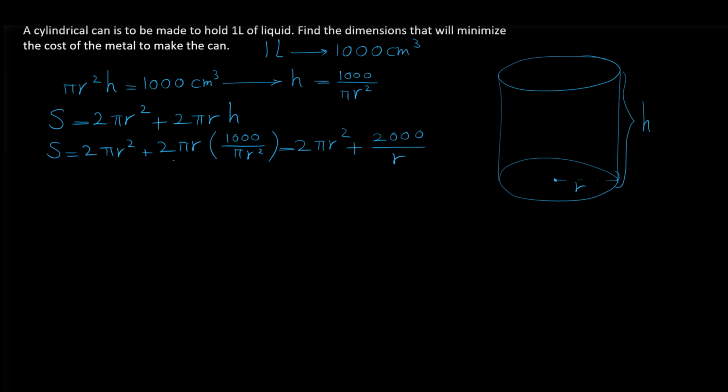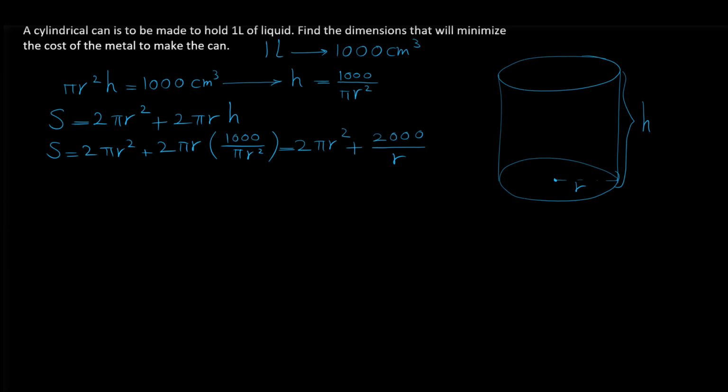Note that 2 times 1000 here is 2000. And we get this expression for s.